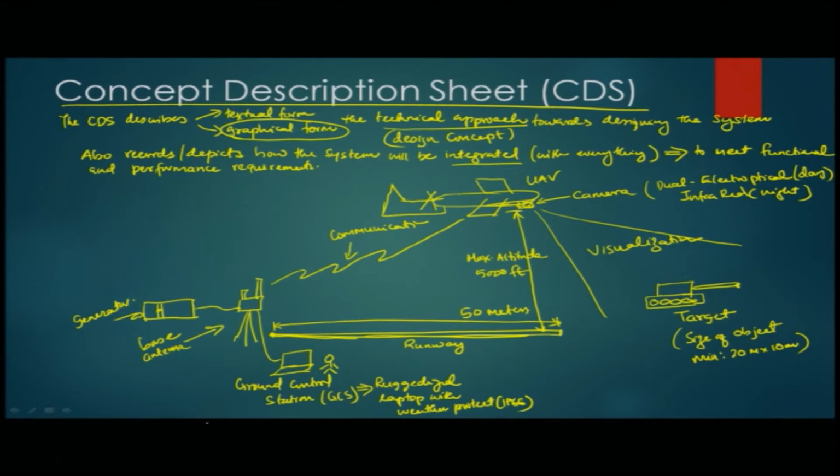Then the base station, instead of base antenna, we can call it base station, actually speaking. It's called base station. And you can say dual channel. Okay. Dual channel redundancy.